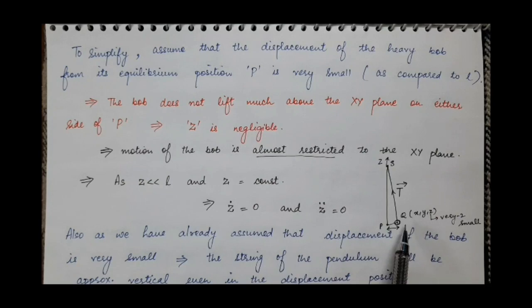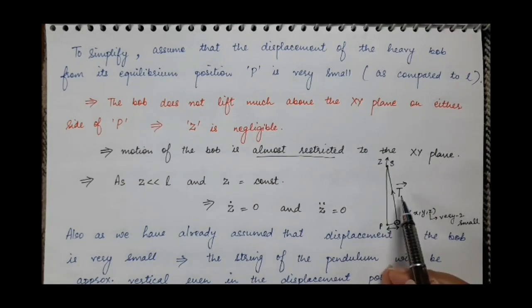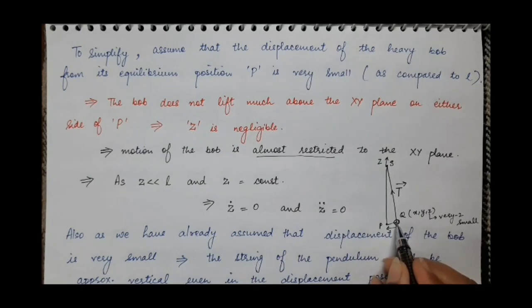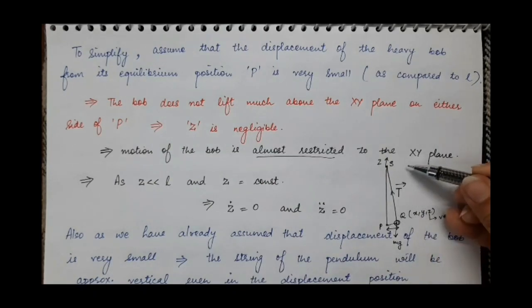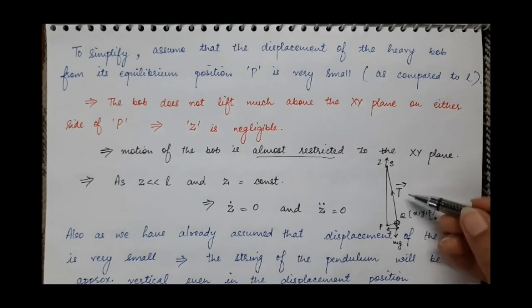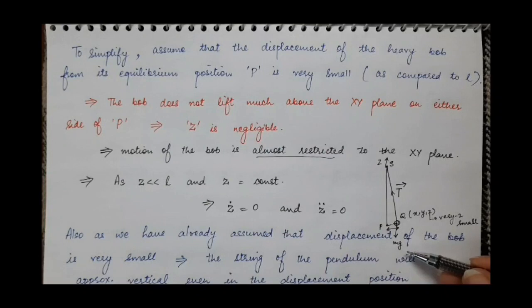So that is why we can take the direction of this tension T in vertically upward direction, and we know that the weight of the metallic bob will act downward, and if this T is vertically upward, then this T will balance this mg. This tension will be exactly equal to the weight of the bob, so T will be equal to mg.